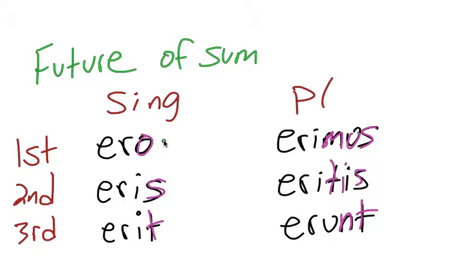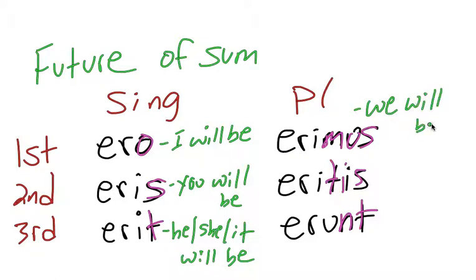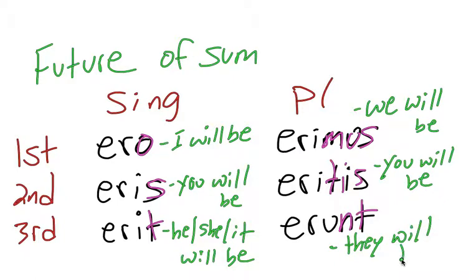And when we're translating this, ero is I will be, eris is you will be, erit is he, she, or it will be, erimus is we will be, eritis is you all will be, and erunt is they will be.